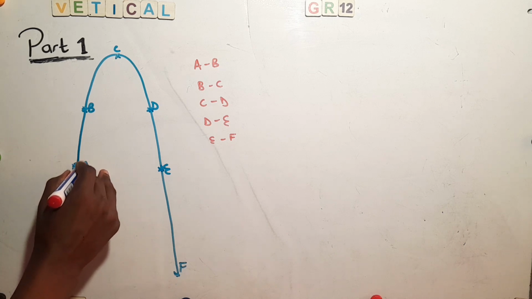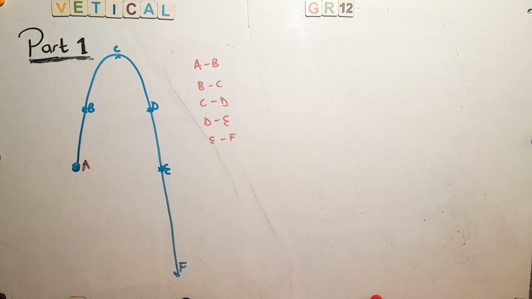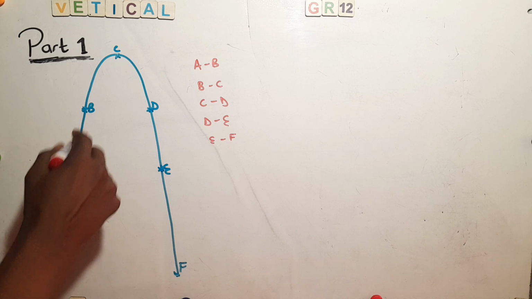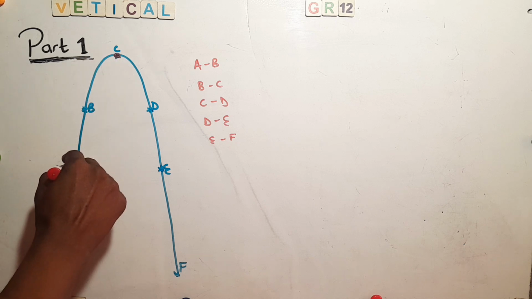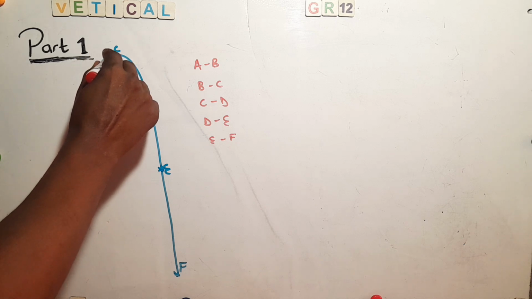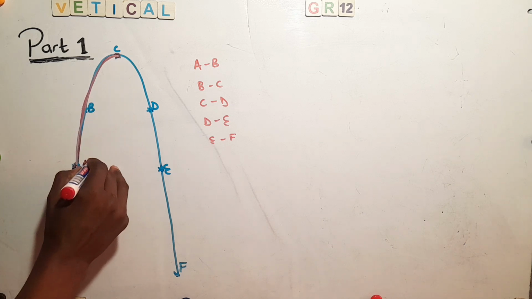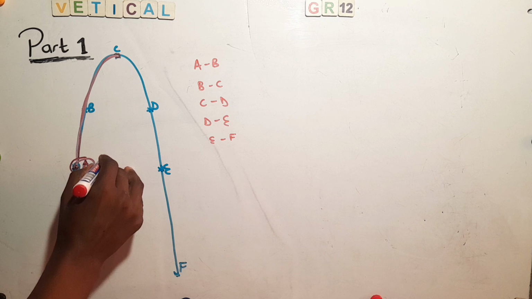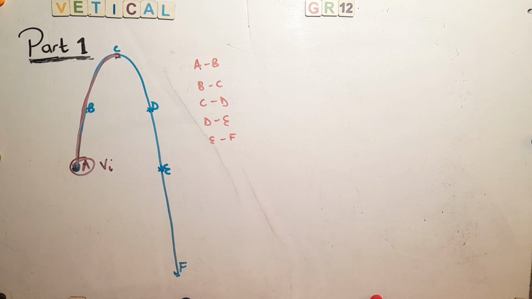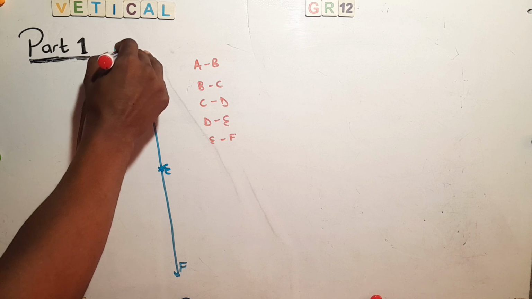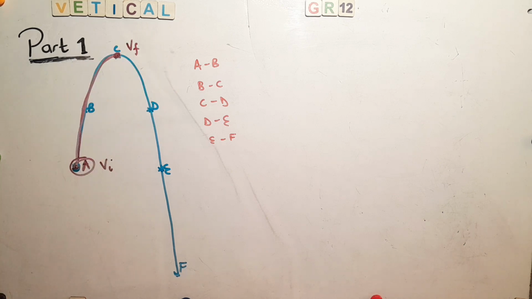It helps you in an order that if maybe you are using the calculation from A to C, maybe you are trying to find anything at C or A using this path here. It means that here at A, everything will be initial, just like the velocity, it will be initial. And when you get to this, then everything there will be the final.